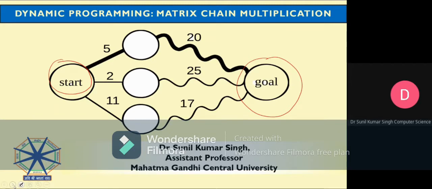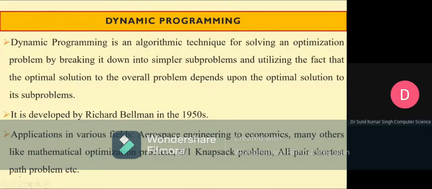Now let's talk about some fundamental things related to dynamic programming. If we are going to define dynamic programming, it is an algorithmic technique for solving an optimization problem. We break the problem into several sub problems, utilizing the fact that the optimal solution to the overall problem depends on the optimal solution to sub problems.